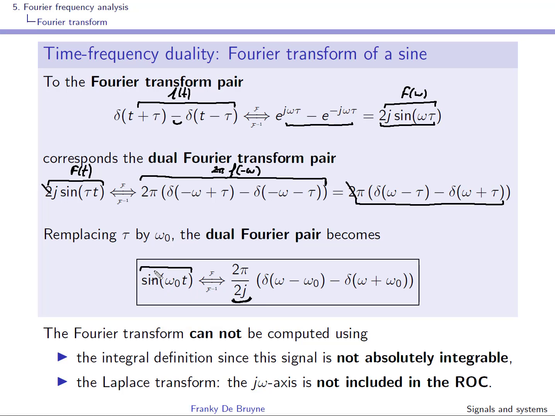This function is not absolutely integrable, and we cannot use this trick with the Laplace transform, because the Laplace transform of a sine has a region of convergence which is sigma larger than 0, and the j omega axis is therefore not included in the region of convergence.